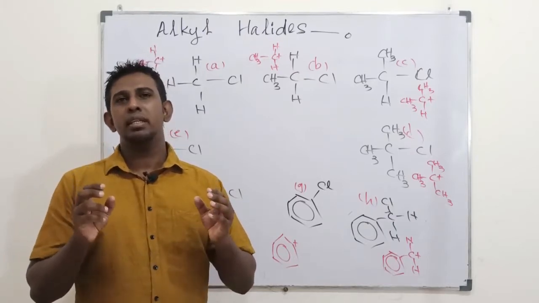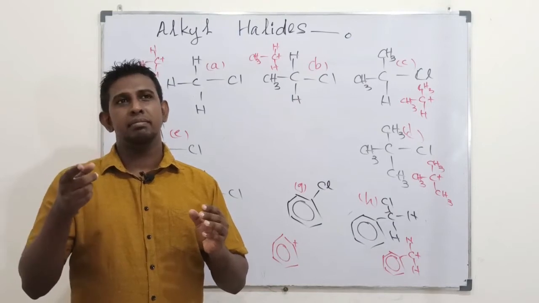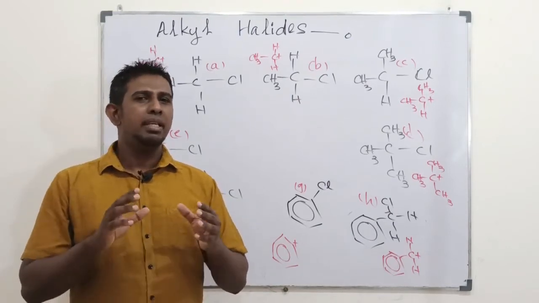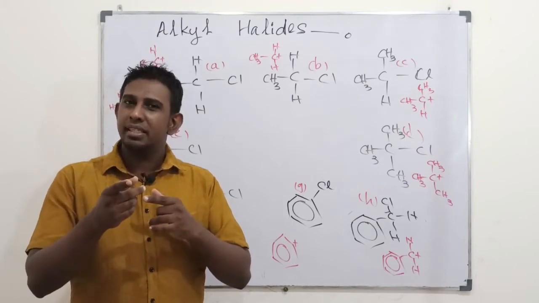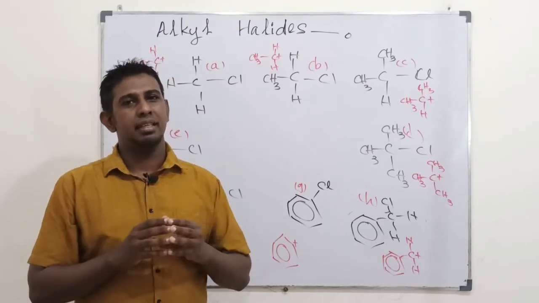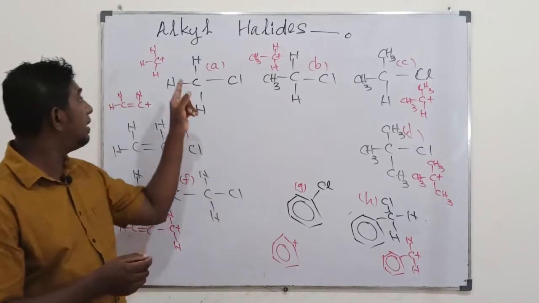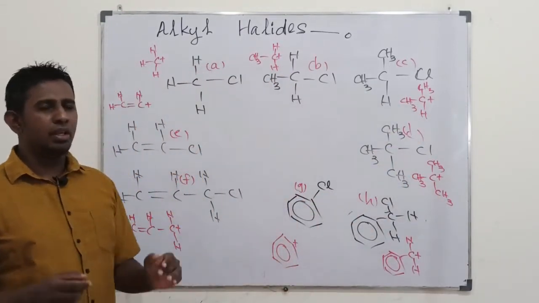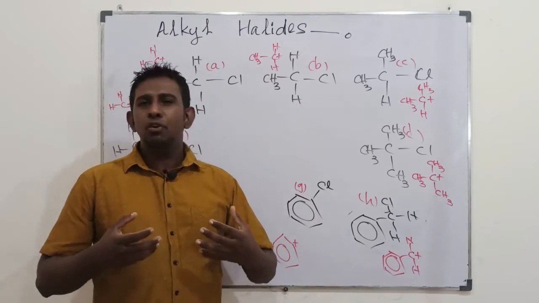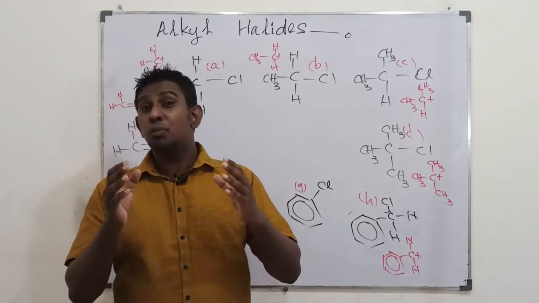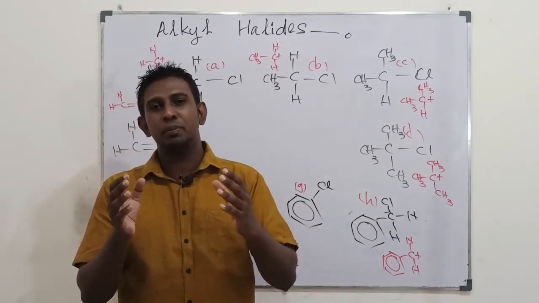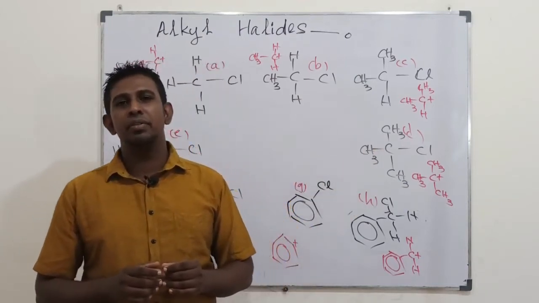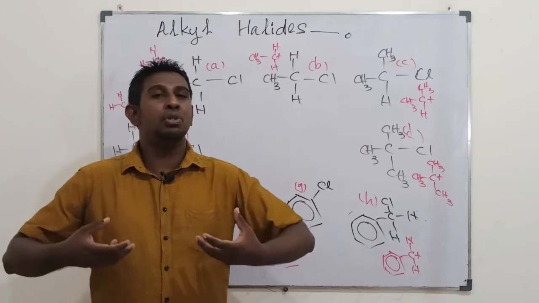This chlorine is thinking of leaving. It would be leaving as Cl minus next. When it leaves, it results in a positively charged species. So if you find these positively charged species being differently stable, then students, their leaving also would be affected.